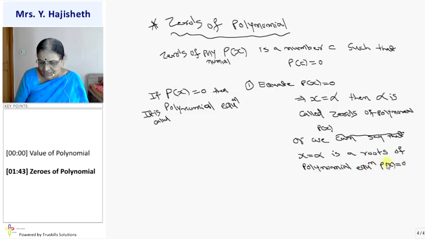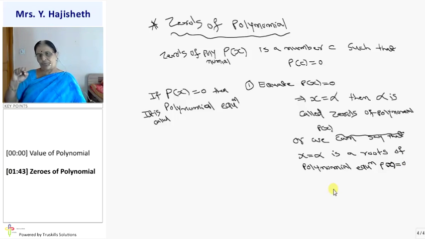When polynomial is equated by 0, then it is called polynomial equation. And the x which makes my p(x) 0, that value of x, we call it as a zeros of polynomial, or we can say roots of a polynomial.